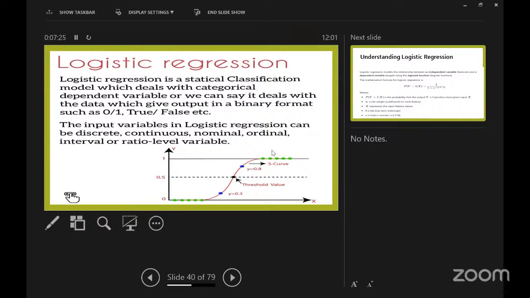The mark which we keep for a variable to be in or out, to be 0 or 1, to be dependent or independent, that value is called the threshold value. Based on that value the logistic regression will verify whether the variable is a dependent variable or independent variable.